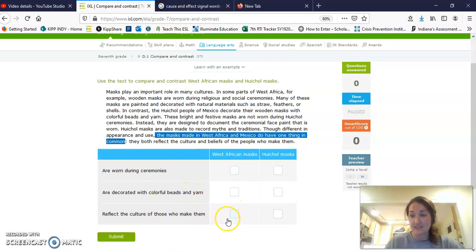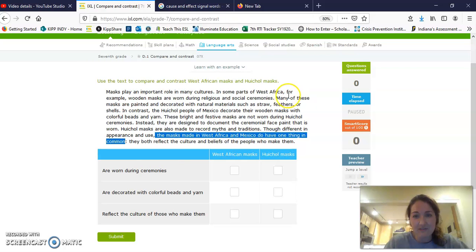Here in our chart, I see that they're wanting us to select which of the two types of masks fall under these categories. So, which of these two masks are worn during ceremonies? My options are West African masks or Hikol masks. I look back into my paragraph and I remember them talking about ceremonies.